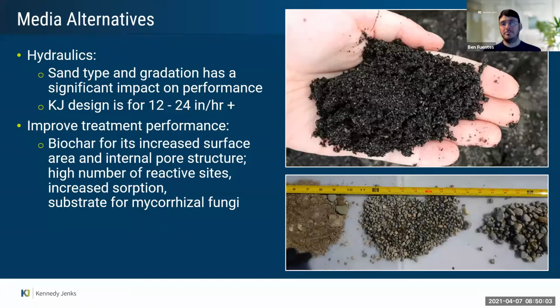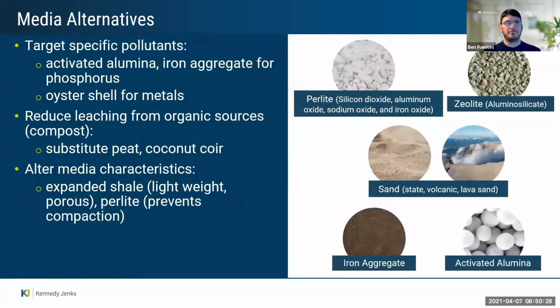It just allows you to get more done in a smaller footprint. That means less cost, less space lost, a lot of benefits. So looking at biochar or more enhanced medias that can be equal or more effective despite the higher infiltration rates is something that people are exploring quite regularly.